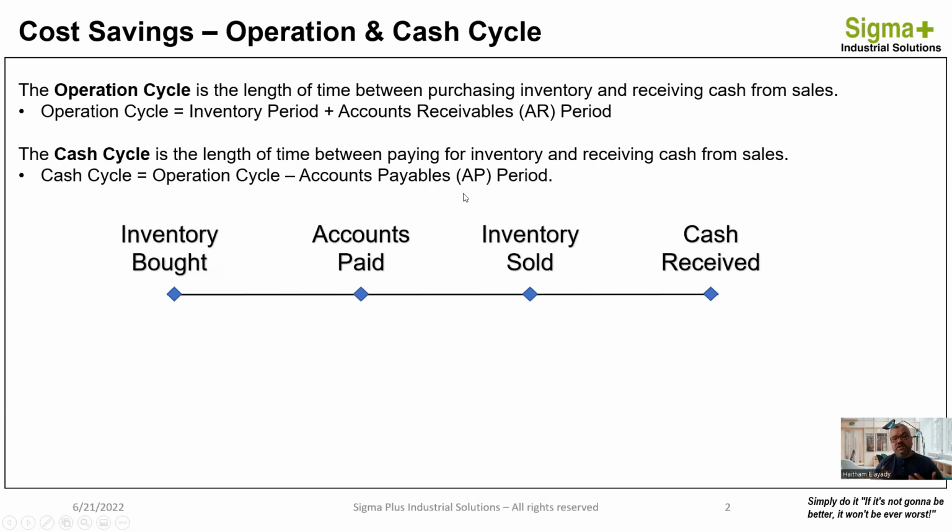Now, to better understand those terminologies, let's reflect those definitions on the figure in front of us. The first terminology is the period of the inventory, which usually starts from the time that the company releases the purchase orders to purchase all its required inventory for the production operations.